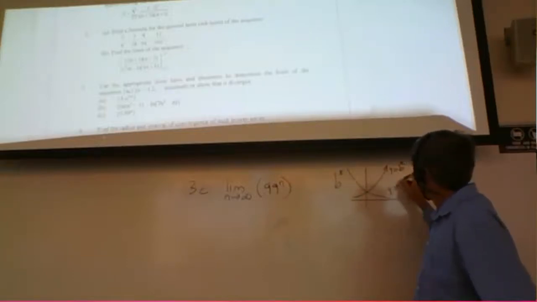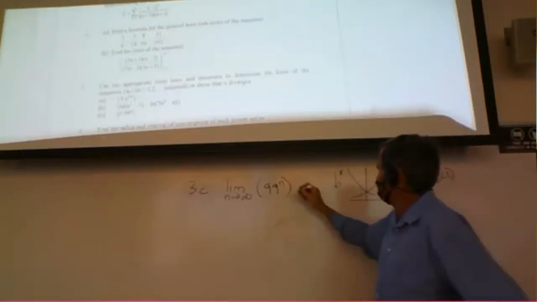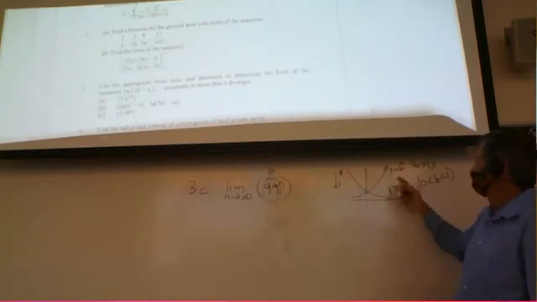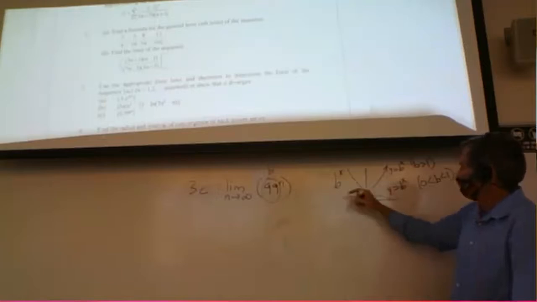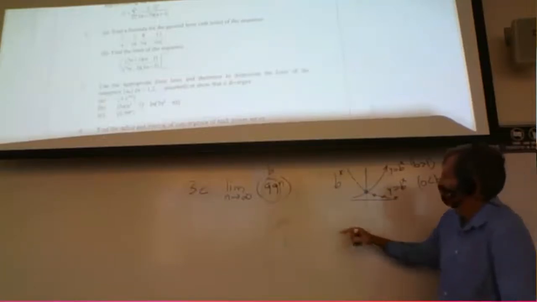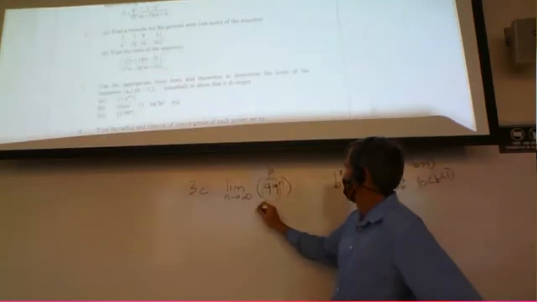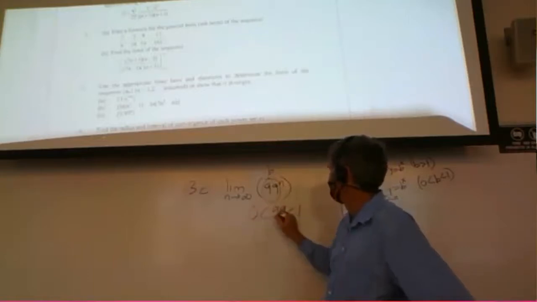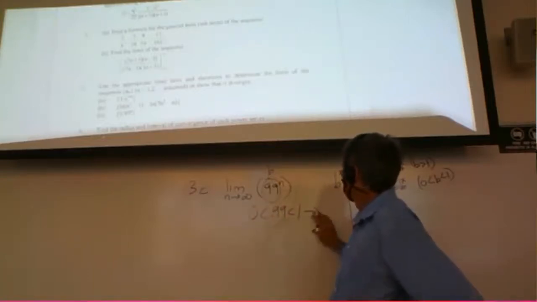But if you have y equals b to the x with b between 0 and 1, then it's exponential decay. So this b to the n is just discrete dots on this b to the x here. And because the base is less than 1, 0.99 is between 0 and 1, that tells you that this limit is automatically 0.